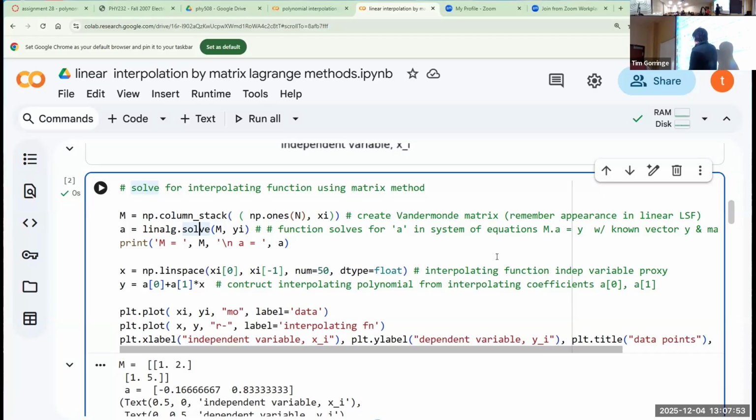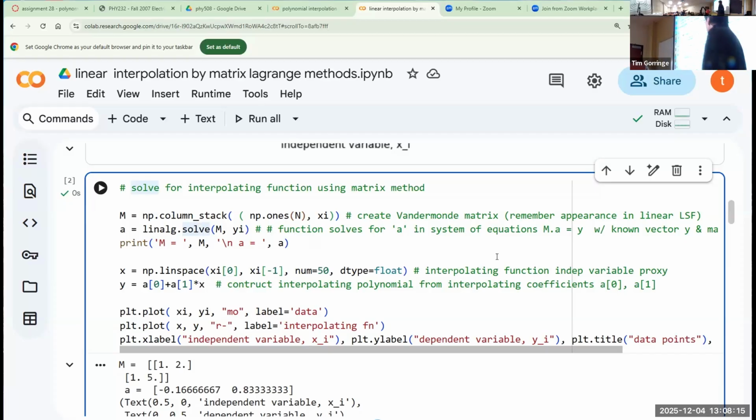My vectors for the dependent and independent variables would have 4 elements, and I would call the same function again, now returning an array of coefficients with 4 elements. So this is rather generalizable.